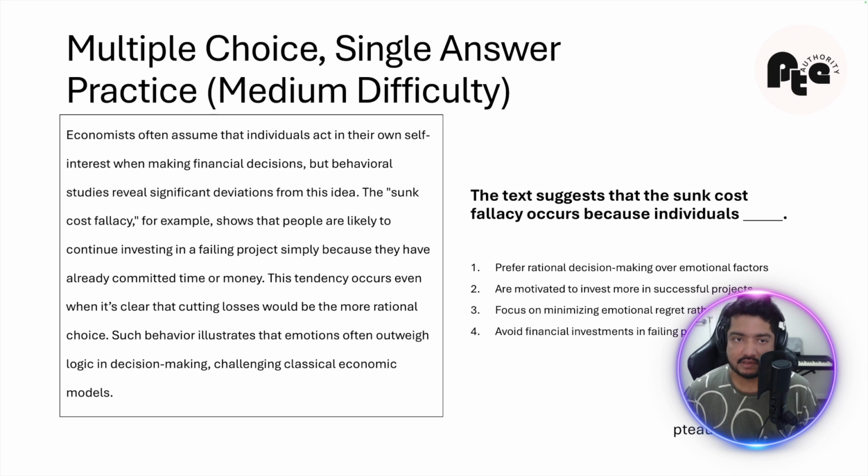Although the difficulty level changes, the number of words in the text is still going to be 110 at the max. That's a standard for this type of question, and the method that we use to solve these questions will still be QTA, because the technique will still be the same: we read the question first and then we read the text, and only then will we look at the answer options.